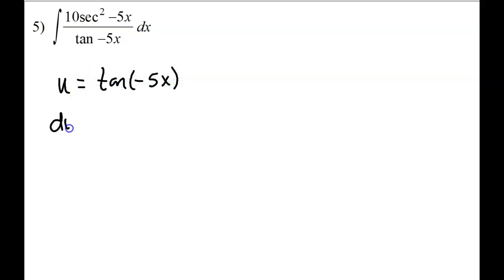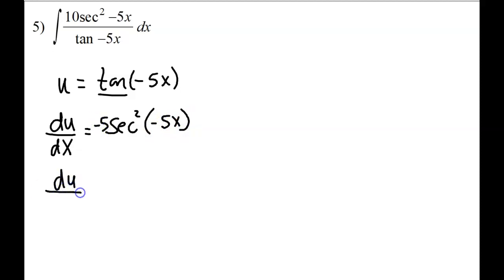The derivative of u with respect to x, well, this is going to be a chain rule. The derivative of the tangent is secant squared. And the derivative of the inside is negative 5. And once again, we want to get that dx by itself. And then we're ready for our u-sub.